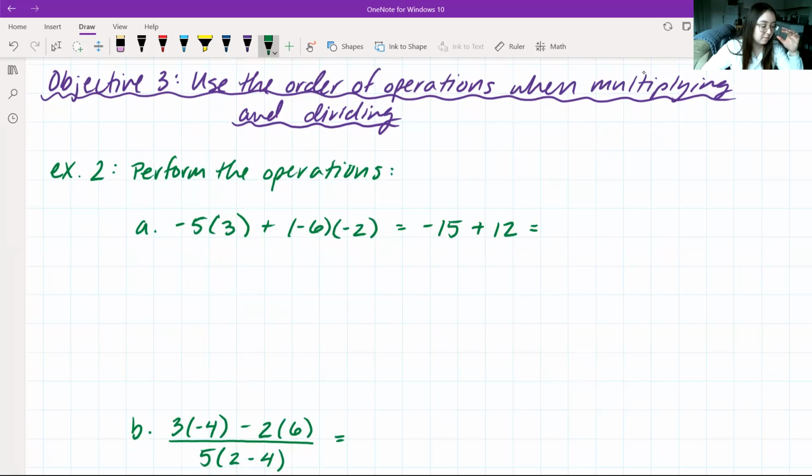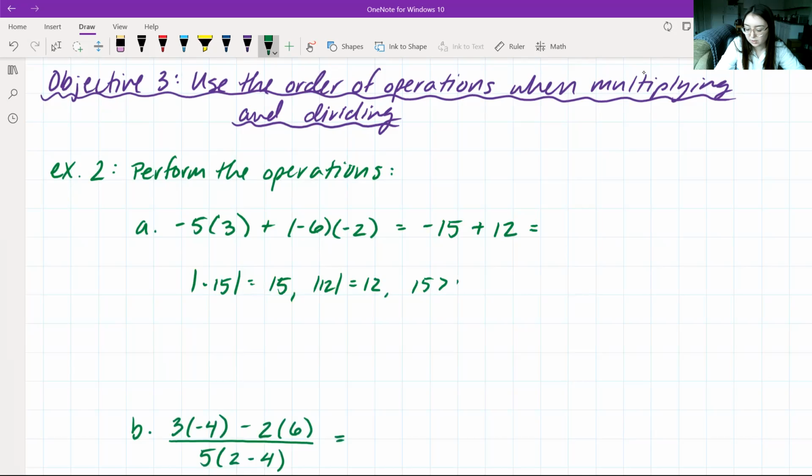And now to solve, remember that we want to find our absolute value. So I'm going to write this out one more time, and now in the future I'm just going to verbally go through the process. So we take our absolute value of -15, which gives us 15. Our absolute value of 12 is 12.